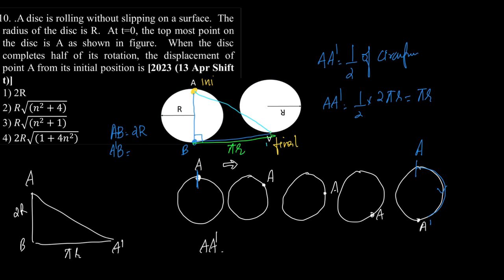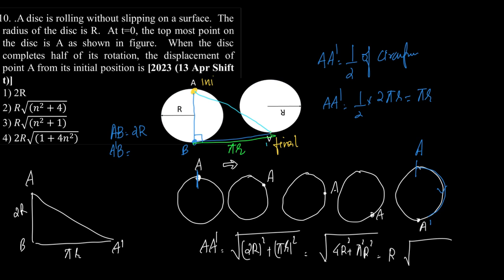Therefore, A A dash will be equal to root of 2R the whole square plus pi r the whole square, which is equal to root of 4R square plus pi square r square, which is equal to r into root of 4 plus pi square, which gives us the correct option as option B.